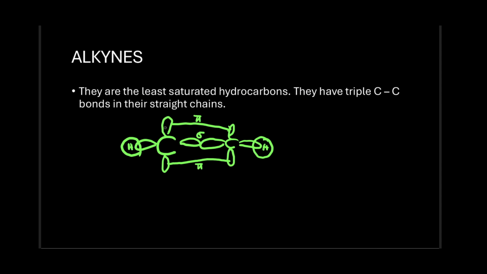So we can see that the carbon atom here, carbon 1, has formed the maximum number of bonds it can contain. It has bond number 1 here, bond number 2, 3, and then 4. And then when we come to carbon 2, we have bond number 1, 2, 3, and 4.